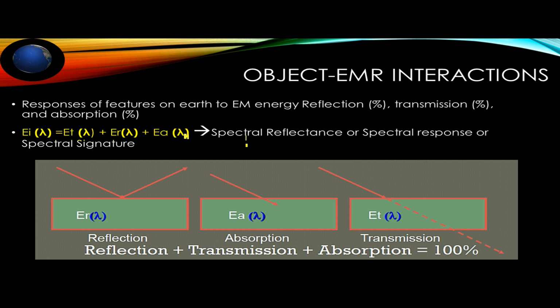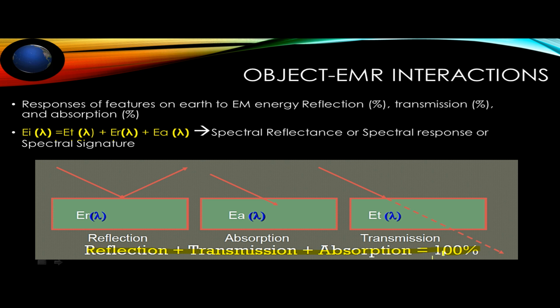You understood the spectral reflectance or the spectral response, the spectral signature. So this is the reflection, this is the absorption, this is the transmission. The total radiation coming from the sun, the electromagnetic radiation, is the sum of the reflection, transmission and absorption. That is what we call 100% radiation.